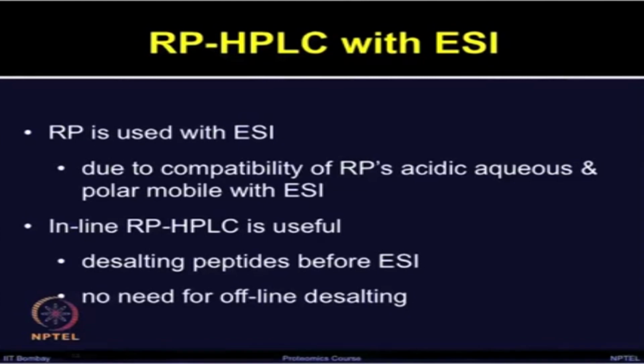The inline reverse phase HPLC is very useful because it can do the desalting of peptides prior to ionization in ESI. There is no need for doing separate offline desalting and pre-fractionation. It can focus peptides from the dilute samples into narrow chromatographic bands, and it also enhances the sensitivity.